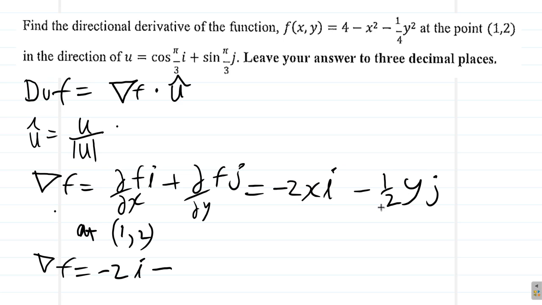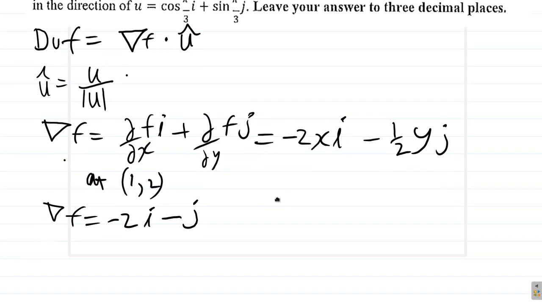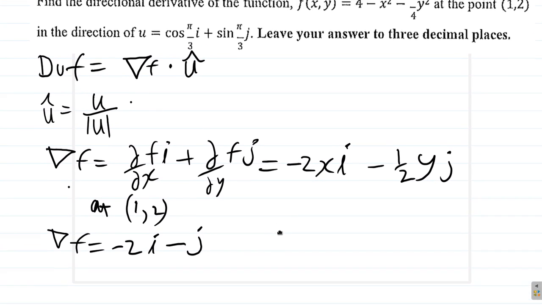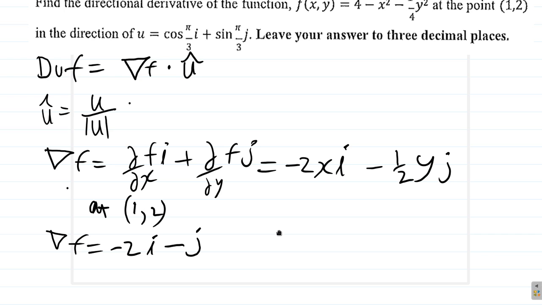Half by 2 is 1. So it's minus j. I don't need to put the 1 there. That's the gradient vector for the function at (1, 2), or the grad of the function.